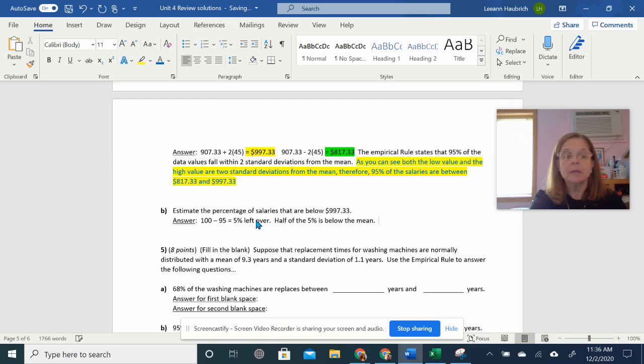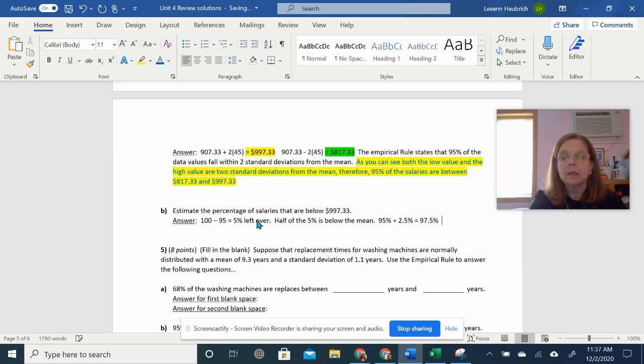So we have to do the 95% plus 2.5%, which will then equal 97.5%.